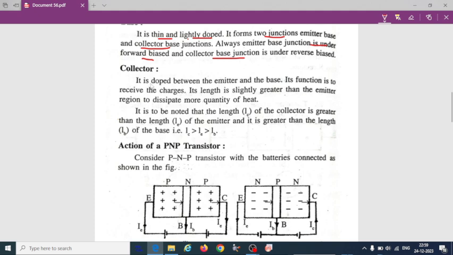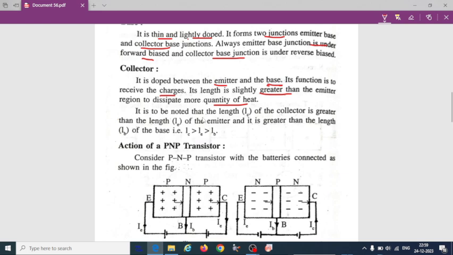Then the collector, it is moderately doped between the emitter and base. Its function is to receive the charges, as the name collector says. So it receives the charge carriers. Its length is slightly greater than the emitter region to dissipate a greater quantity of heat.